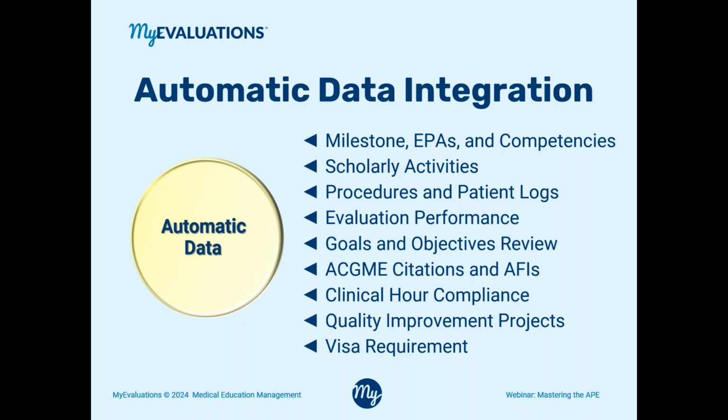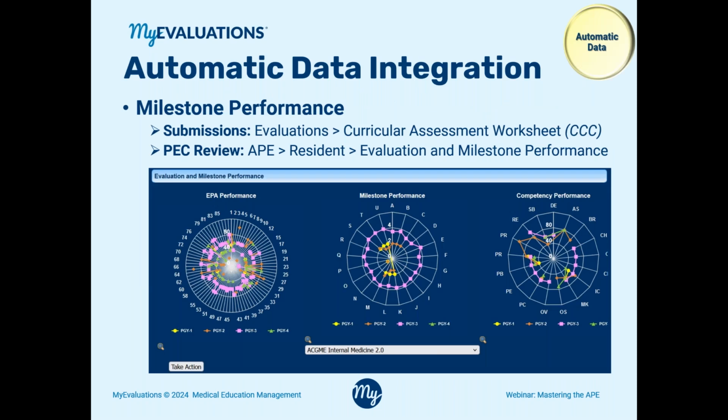So the first area is going to be in regards to milestone performance. You can see there are 3 sets of graphs here that show individual performance that's directly available. So in terms of EPA performance, notice there's PGY specific performance, milestone performance, and competency performance. So for programs such as surgery, where you have established EPAs now that you're tracking, those are all going to be listed here.